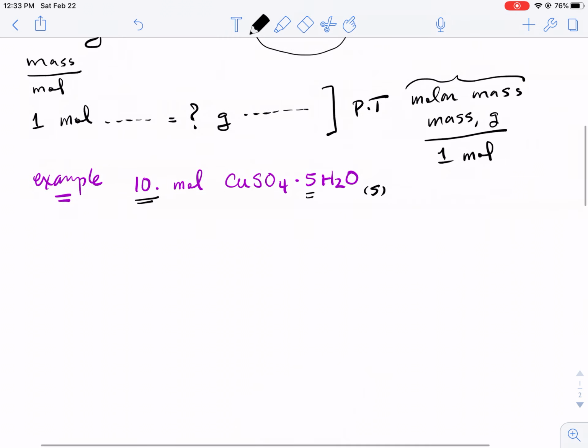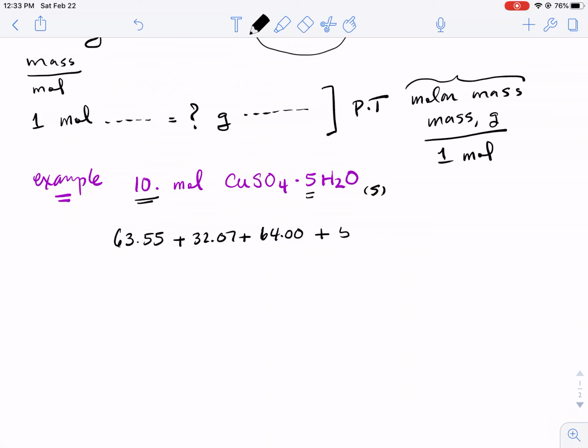So we have one copper atom in the substance at a molar mass of 63.55. So we have 63.55 plus one sulfur atom at a molar mass of 32.07 plus 4 oxygen atoms. 4 times the molar mass of oxygen, which is 16.00. That gives me 64 molar mass.